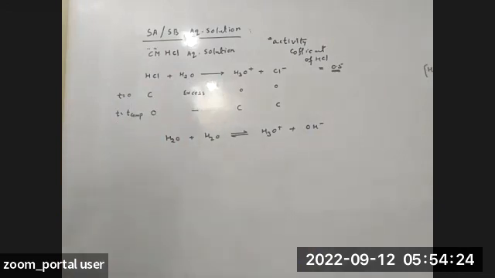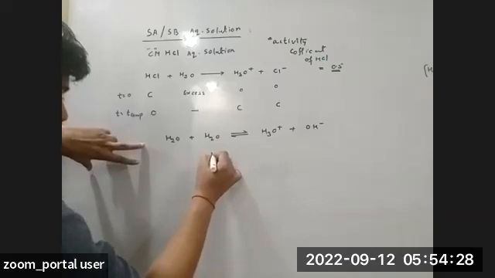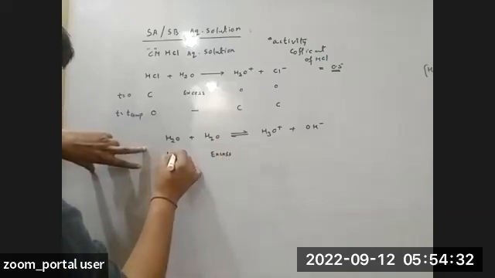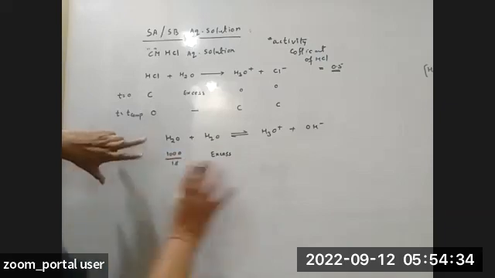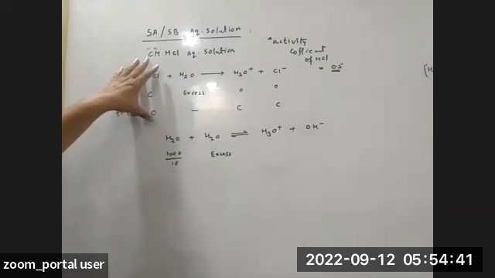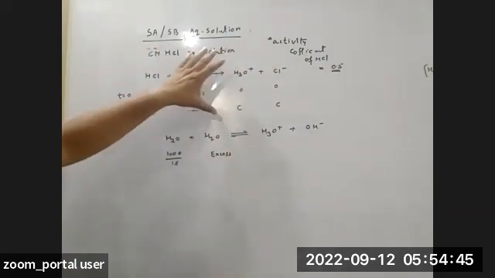Is this clear? Let's say this is the solvent, this is in excess, and this is 1000 by 18. We don't need to solve the equation for a strong acid.